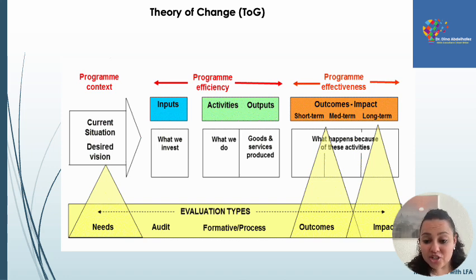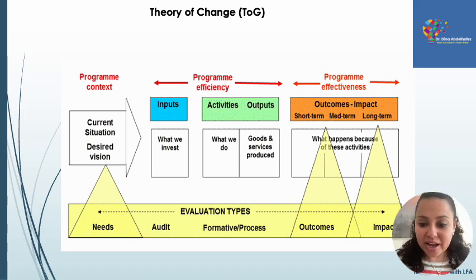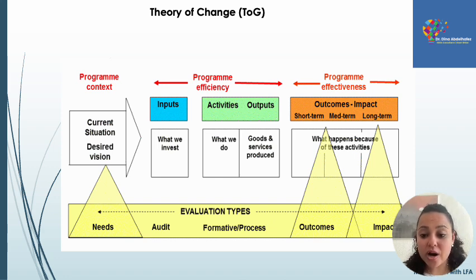So we need to do evaluation for all this: to do evaluation for our needs before we start the project, to do some monitoring after we implement some activities, to do some evaluation for these activities in order to reach the outcomes or the impact of our project, to make sure that we are fulfilling our key performance indicators that we put at the beginning of the project, or our mission and vision inside our organization.